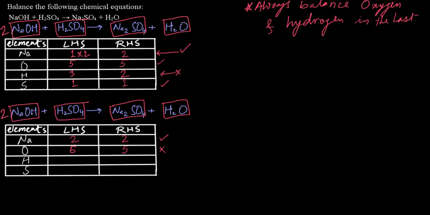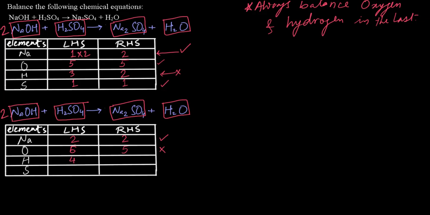For hydrogen, we have hydrogen taken twice from sodium hydroxide, so 2 of hydrogen, and we have H2 from H2SO4, so 2 of hydrogen again. 2 plus 2, we have 4 of hydrogen on the left hand side.